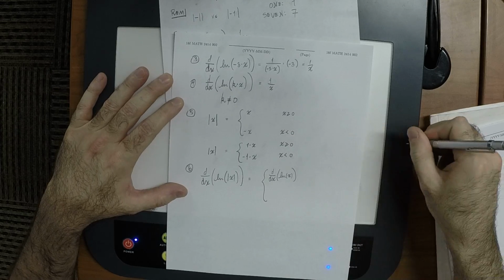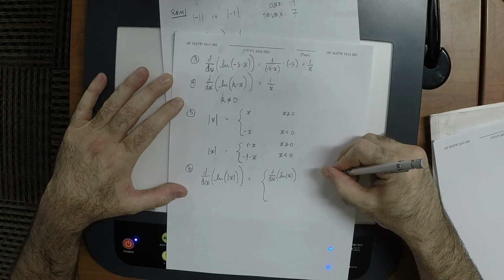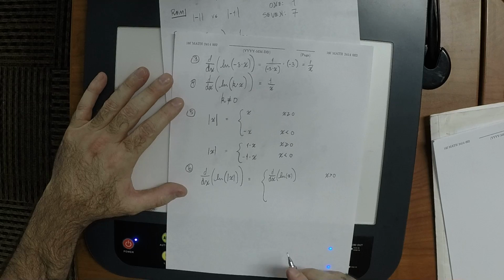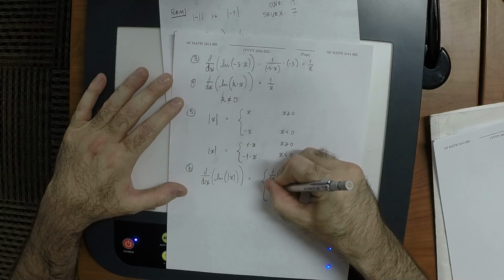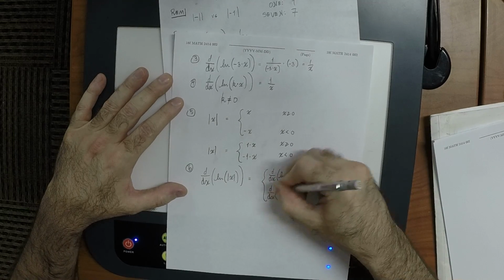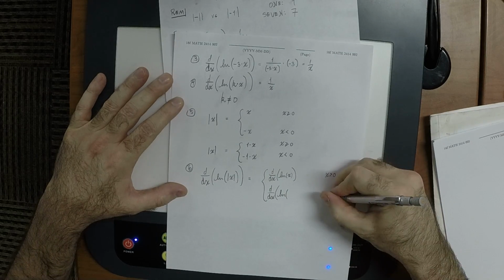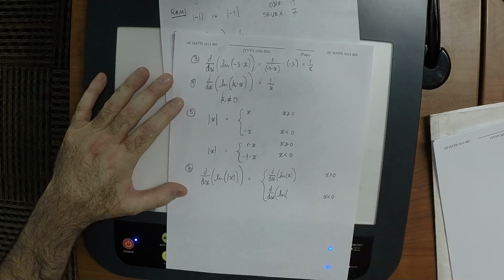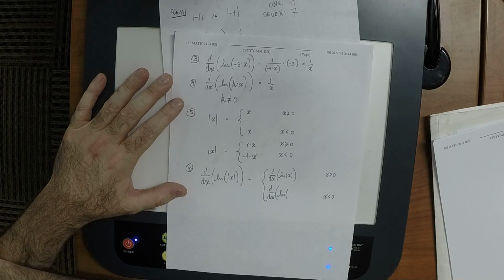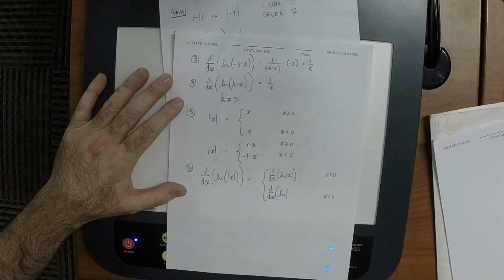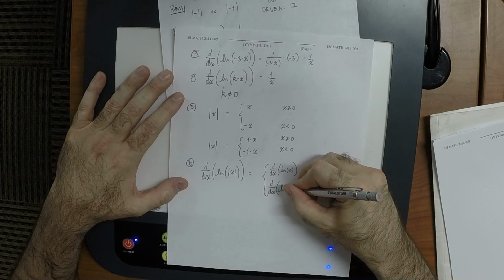This is when x is greater than 0. And then it's the derivative of the logarithm of, if x is negative, what's the expression for the absolute value of x when x is negative? Negative x.